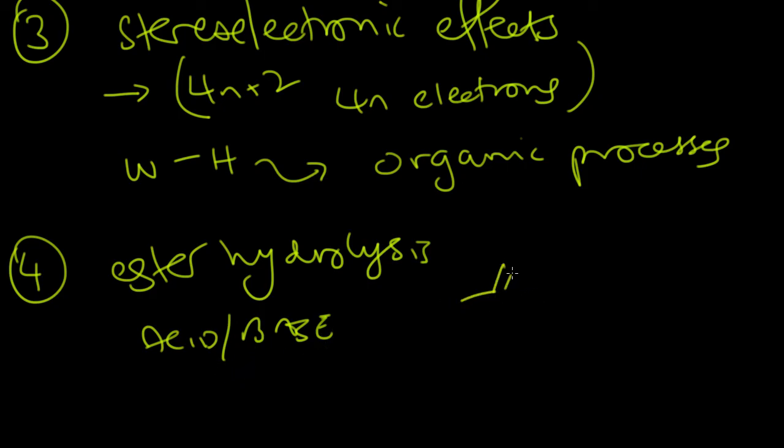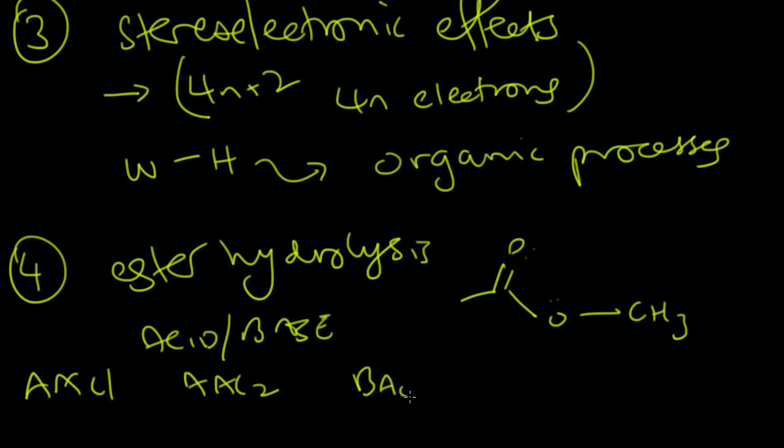If we look at this simple ester, which is methyl methanoate, we can tell that there are two nucleophilic oxygens, and we can actually protonate or hydrolyze different parts of this ester, and it depends on which one we're going to hydrolyze with regards to the conditions. So we have examples such as AAC1, AAC2, BAC1, and BAL2 are just some of the examples that we're going to be covering over the next few weeks and months.